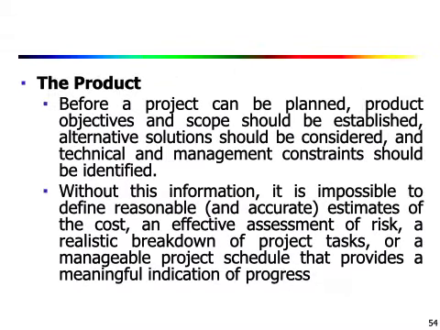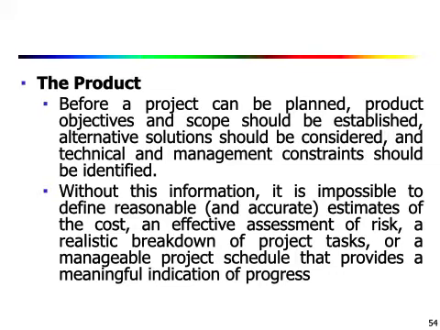Then the product. Product is something that should be known before a project is planned. That is, before a project can be planned, the product objectives and the scope should be established. Alternate solutions should be considered and technical and management constraints should be identified.